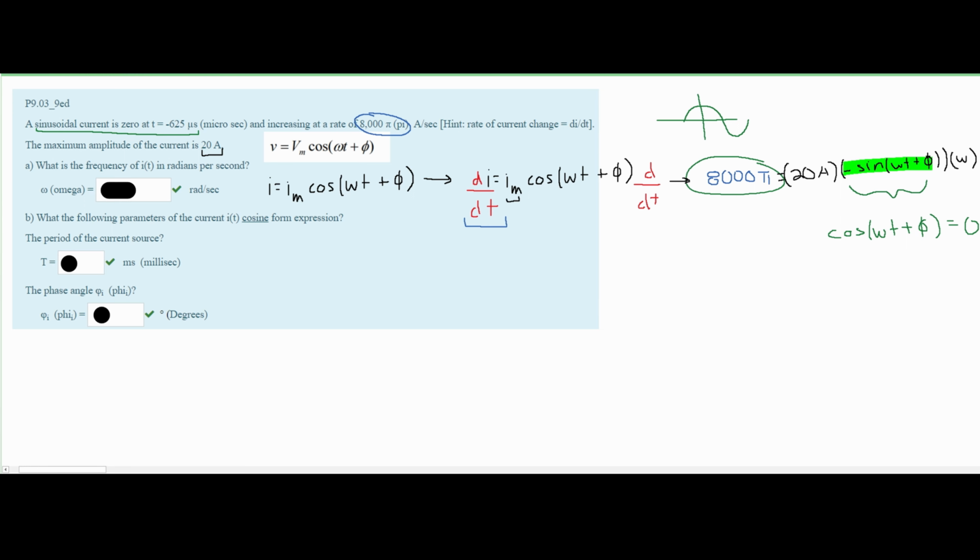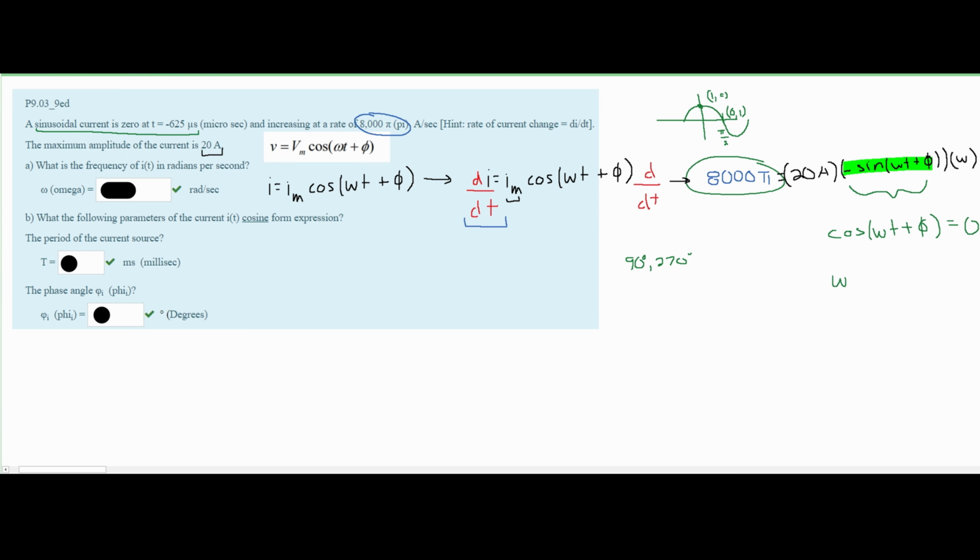Now we know cosine is equal to 0 when we have either 90 degrees or 270 degrees, and we can see that from our graph right here. If this is the main part we're looking at, we have 1, 0, so our cosine is 0. And when we look at this part, which is pi over 2, we can see that our cosine is 0 and our sine is 1.